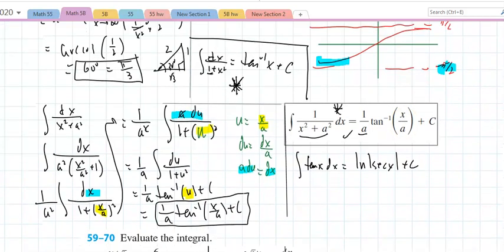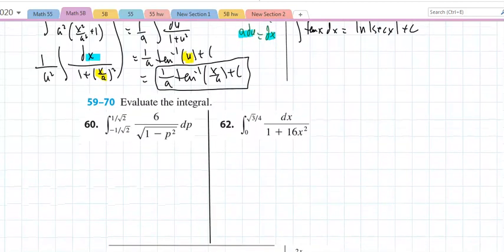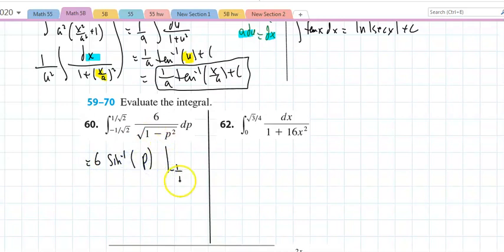Now, if I look at the last portion of this section, we're asking, can you integrate the following? Well, hey, I know what that is. That is 6 times the inverse sine of p, evaluated from negative 1 over radical 2 to 1 over radical 2.